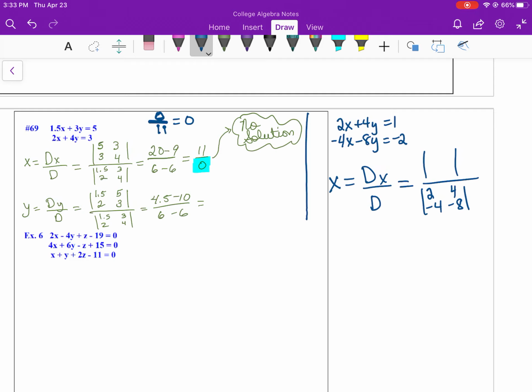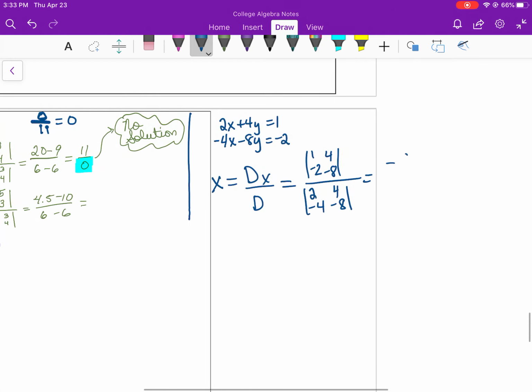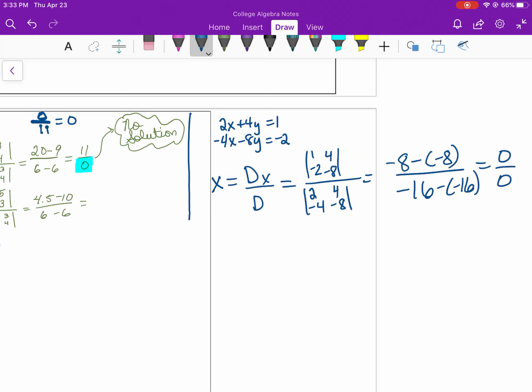And then if I'm finding x, the constants go in first. And you would end up with negative 8 take away negative 8. Negative 8 take away, or negative 16. Take away negative 16. 0 over 0.